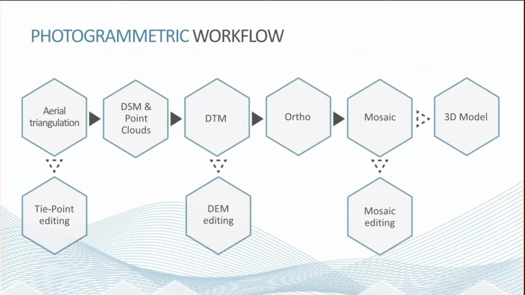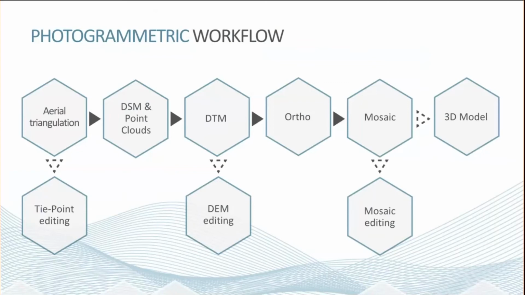Finally, we also have a module to generate 3D texturized mesh. We can take the input surface model and, from this surface model, generate a 3D mesh that will be texturized with the input images of this mesh.